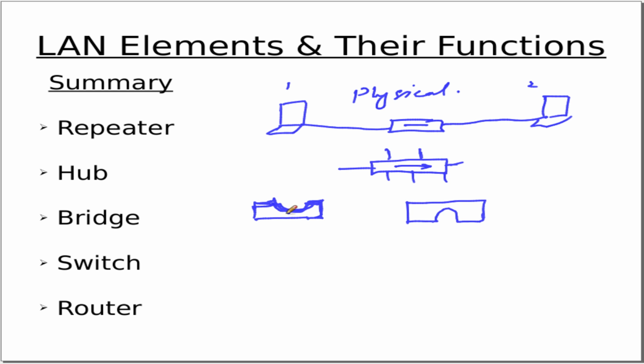And what bridges do is that they break the collision domain, but their functionality is limited as compared to a switch in a way that, first of all, their functionality is embedded into software, and secondly, most of the time bridges have got one input port and only one output port.